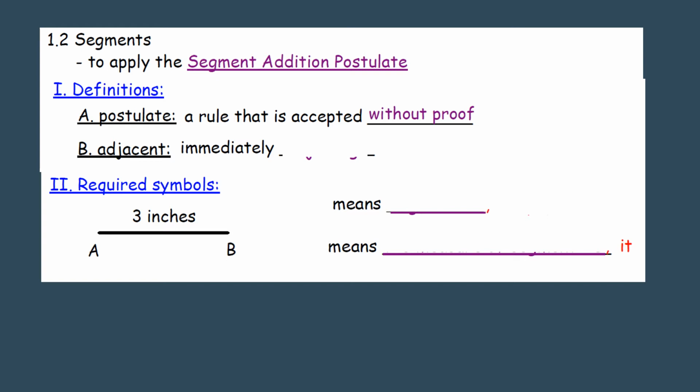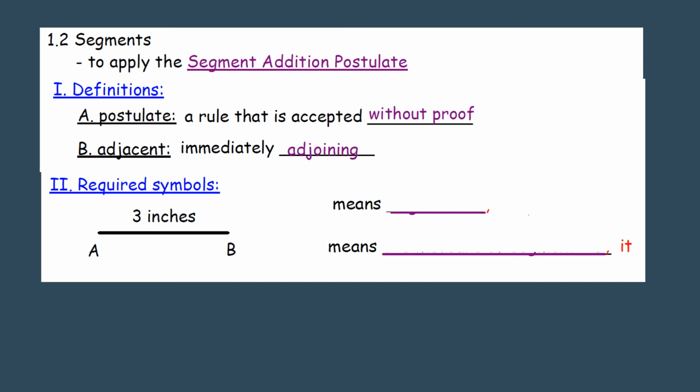Our postulate for today is going to use the vocabulary word adjacent. And adjacent means immediately adjoining. If you think about an apartment complex, when two apartments are right next to each other, they're adjoining. But if you think about a bunch of apartments together, one apartment at one end may not be adjoining to the other end because they don't share a wall.